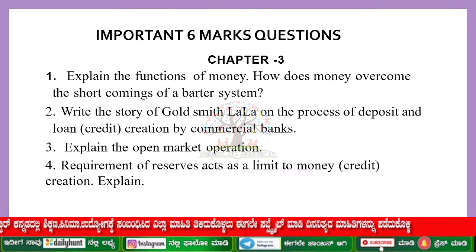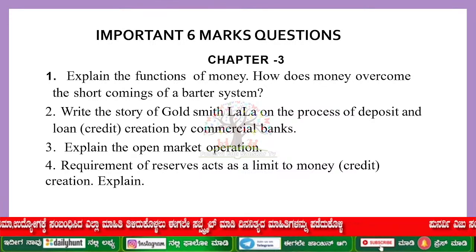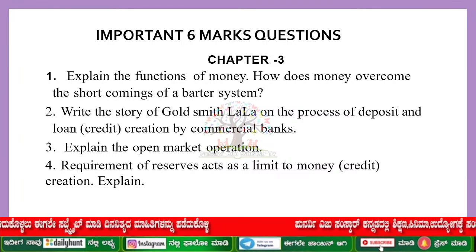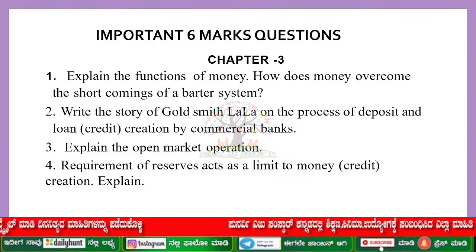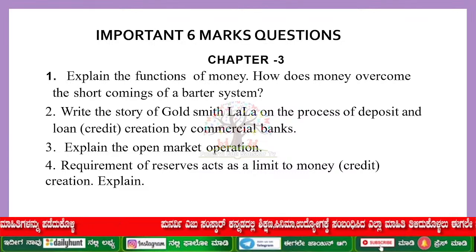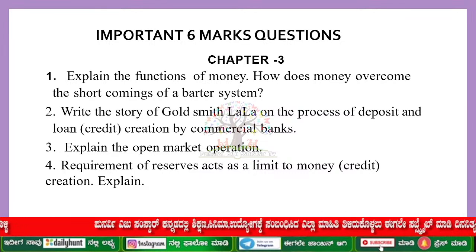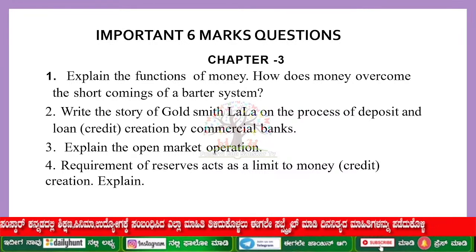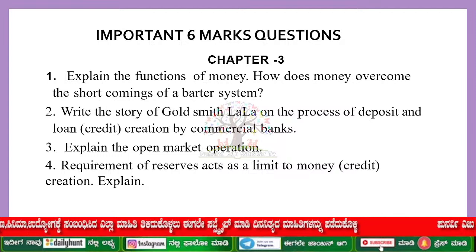And from macroeconomics chapter 3, that is money and banking, you can expect one 6-mark question. There are 4 important questions. First one is money, that is, explain the functions of money. How does money overcome the shortcomings of the barter system?